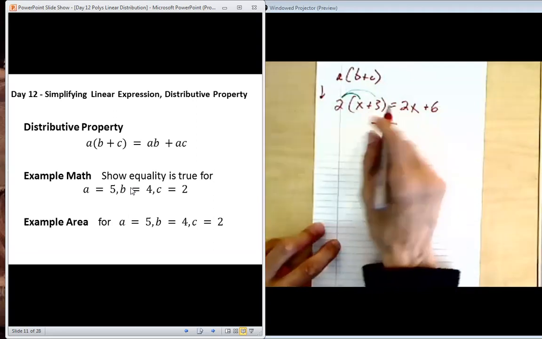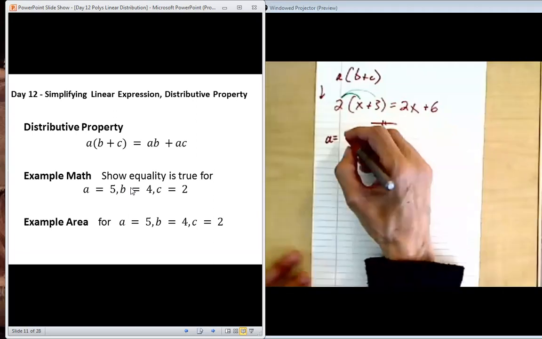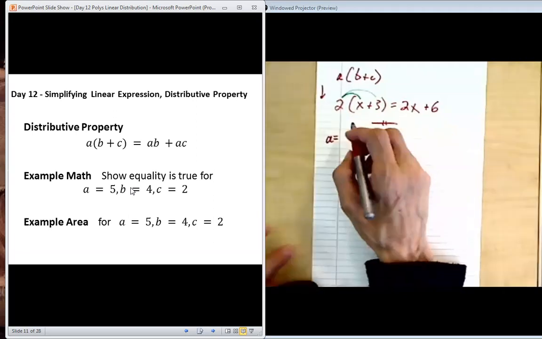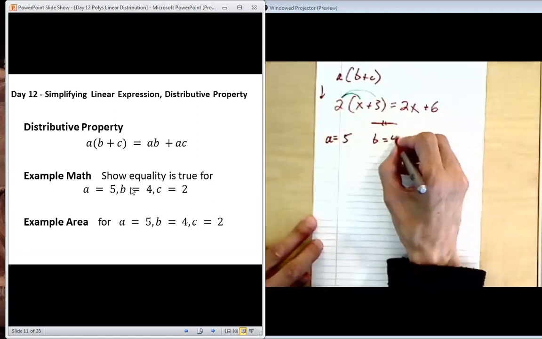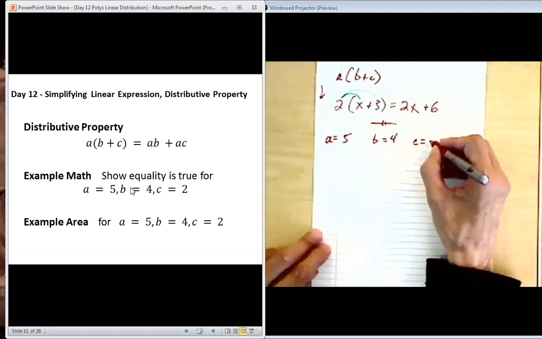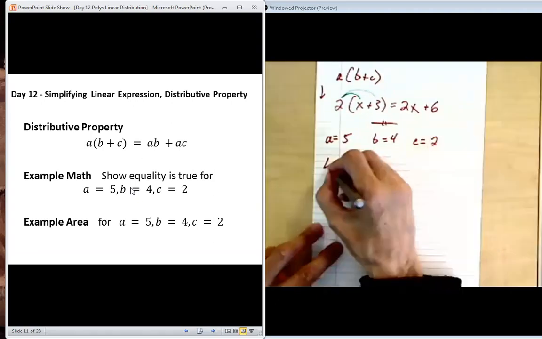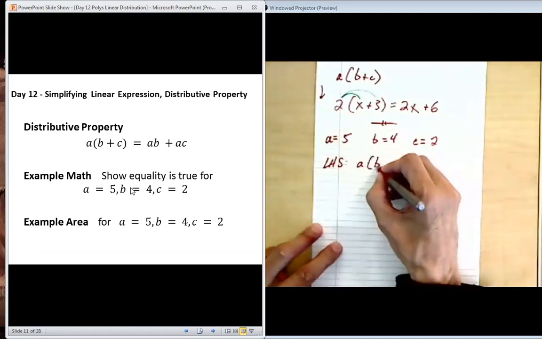Okay, so what we'll do instead is go back to the screen that you see there. A is equal to what? 5. B is equal to what? 4. And then C is equal to what? 2. So on the left-hand side, LHS, we have A times (B plus C).